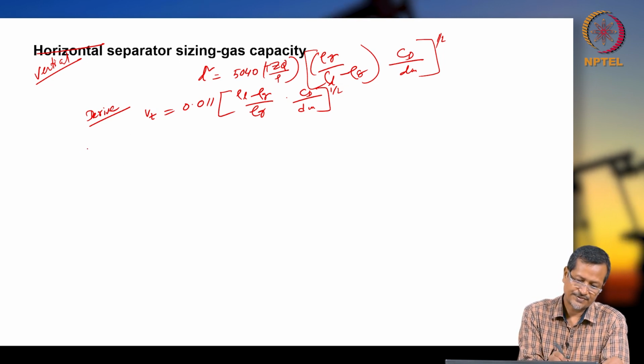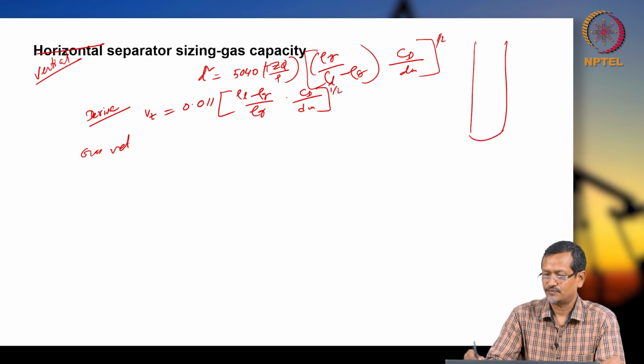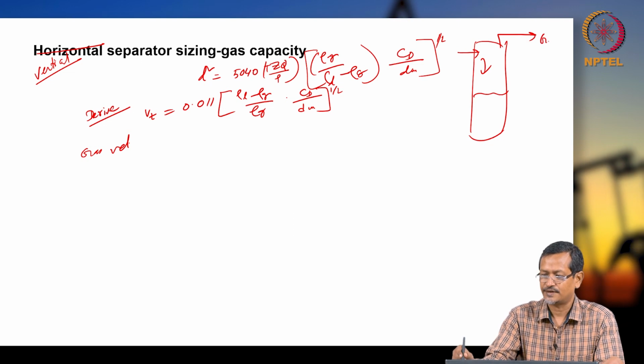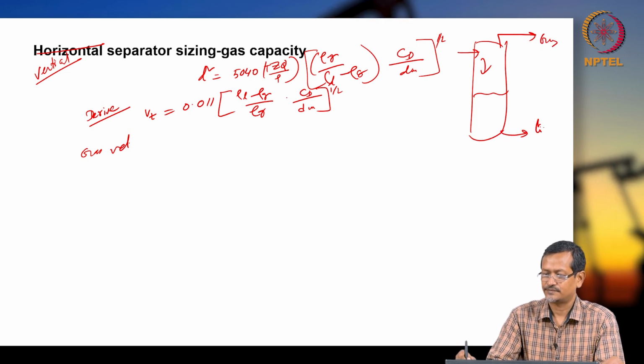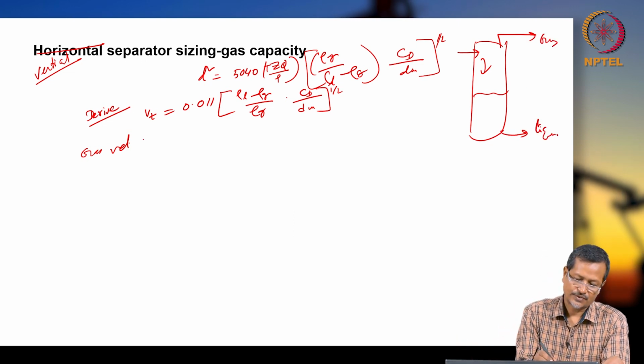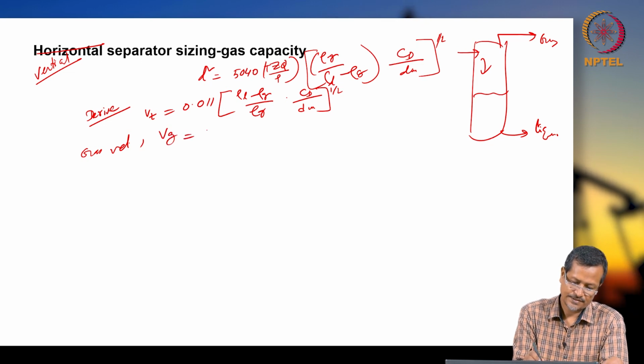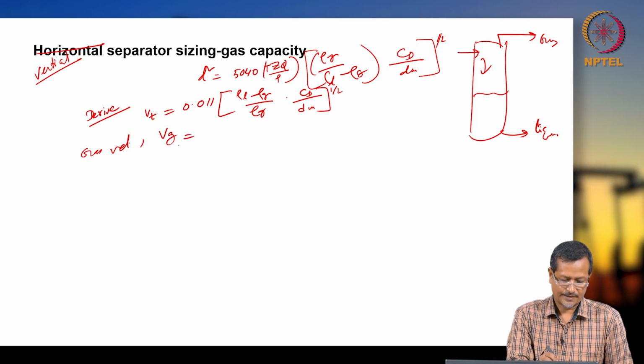Gas velocity. For the vertical separator, first you draw it: one inlet is there, gas and liquid are going down, gas is there, and liquid is out. So gas velocity Vg equals Q by Ag.